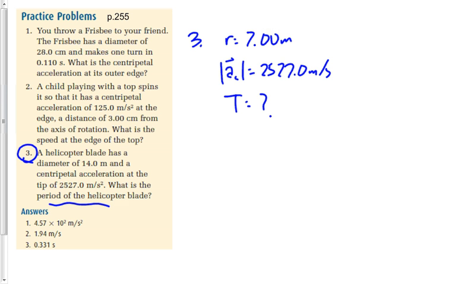If it's rotating with an acceleration of 2,500 meters per second squared, it must be going pretty quick. And if it's going pretty quick, then it's not going to take very long for this helicopter blade to go around once. Now, how are we going to find T? There's only one equation involved. Well, I shouldn't say that. There's a couple. T is equal to the time per number of revolutions.